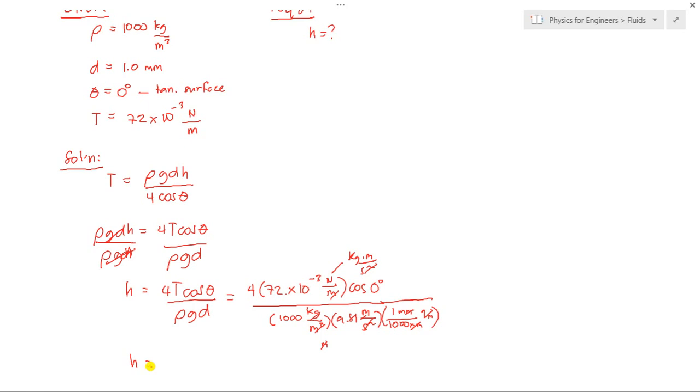The answer is approximately 0.03 meters. So that is the height of the rise of water inside the capillary tube.